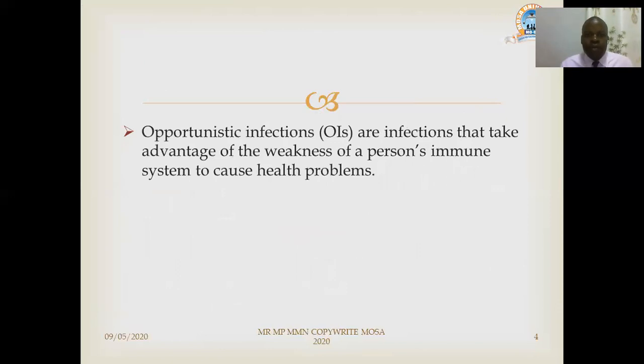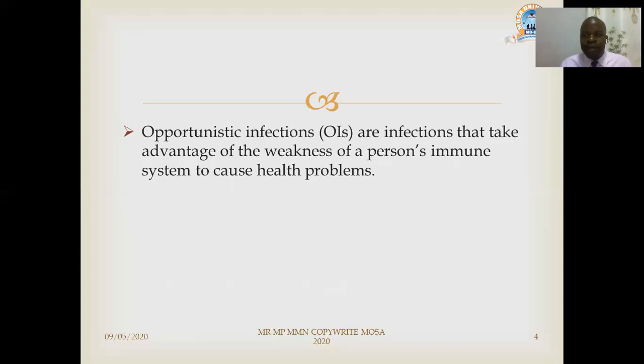Let us look at the definition of opportunistic infections. Opportunistic infections, OIs, are infections that take advantage of the weakness of a person's immune system to cause health problems. So we're talking of infections which take advantage when someone's immune system goes down.